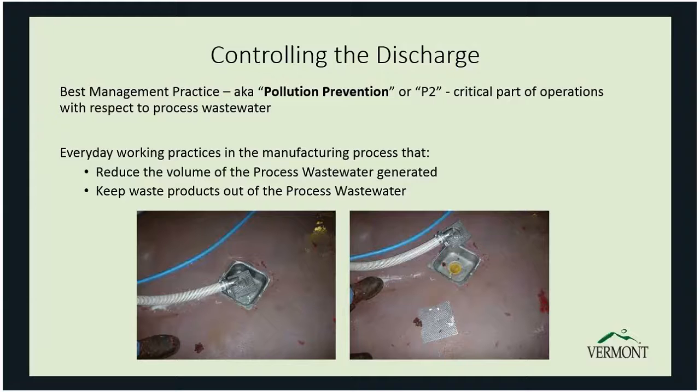These are simply everyday working practices that reduce the volume of waste and generally keep the waste products out of the process wastewater. I've got an example there of just a simple screen system in the floor drain of a process facility, trying to keep solids and other things that are going to increase the strength of the waste out of the waste stream.